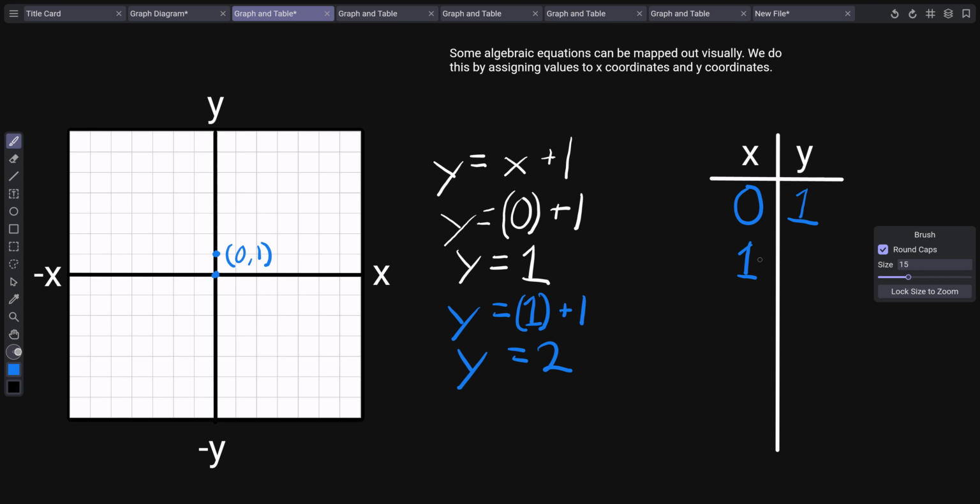And then we got 2, so we put 2 on the right. So we would take 1 step to the right, and then we would take 2 steps up, and we would stop here. And this would give us the ordered pair 1, 2.